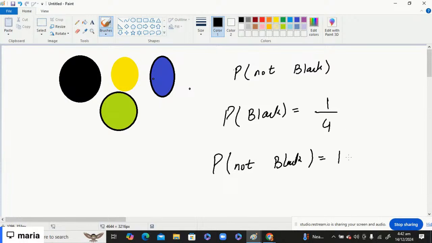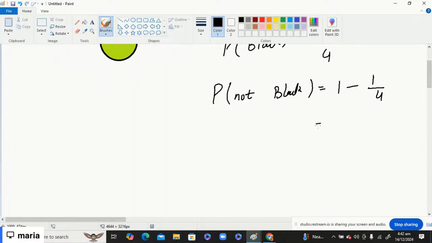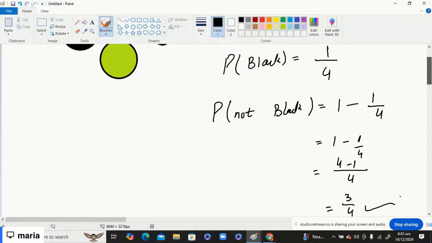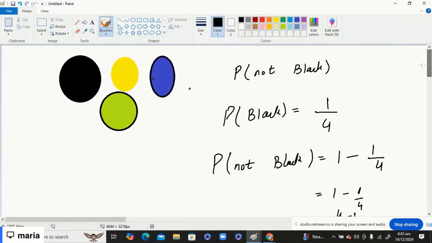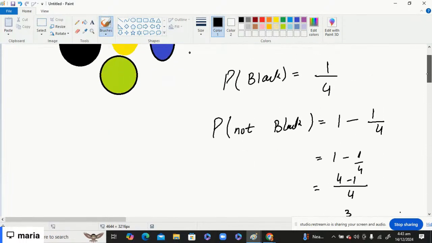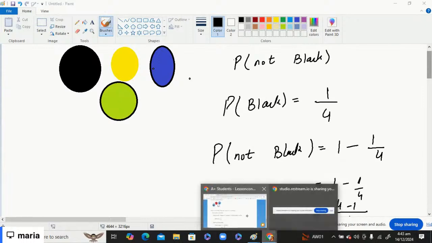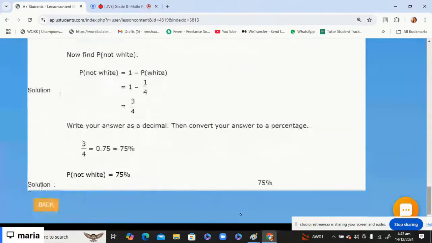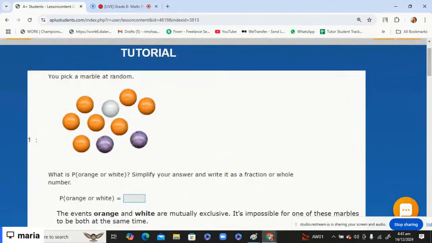You subtract: 1 minus the probability of black. Now it's 1 minus 1 over 4. Taking the LCM, 3 by 4 is your answer. This is the way you are going to solve it. You can say not black, or not white, or not anything. Then you solve it this way.